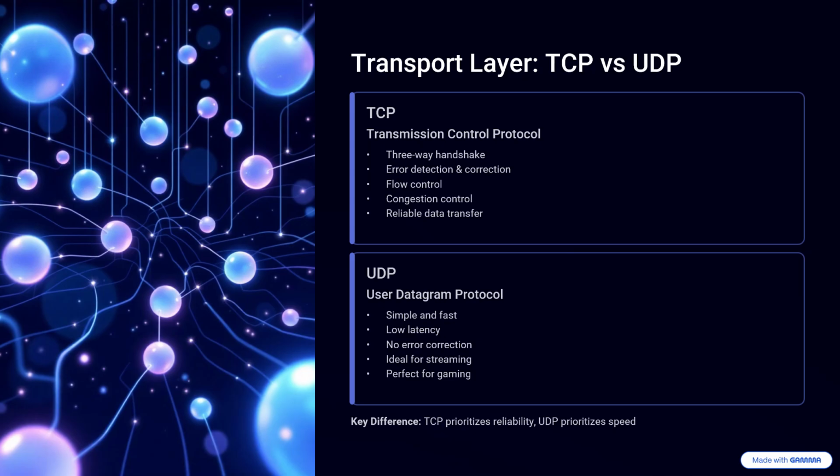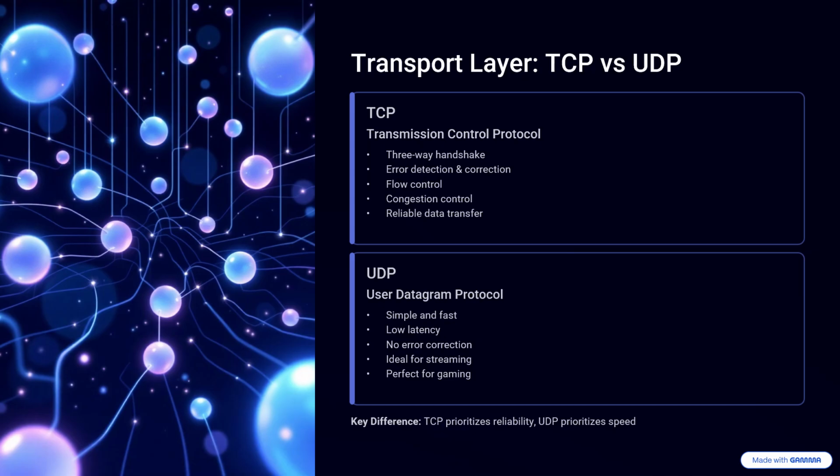UDP, which stands for User Datagram Protocol, on the other hand, is faster but less reliable. It doesn't check for errors or retransmit lost data. So it will transfer the data over the internet connection without any direct communication between the source and the destination.